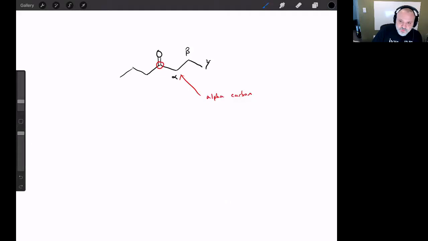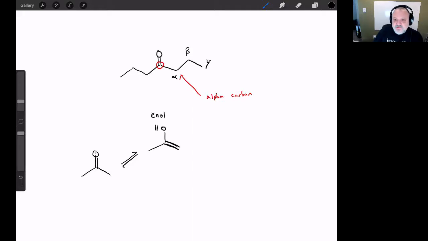What we're going to do is think about different ways that we can do chemistry at that carbon. If I recall from earlier in the chapter associated with alkynes, a doubly bound carbon with an OH group attached to it is called an enol.